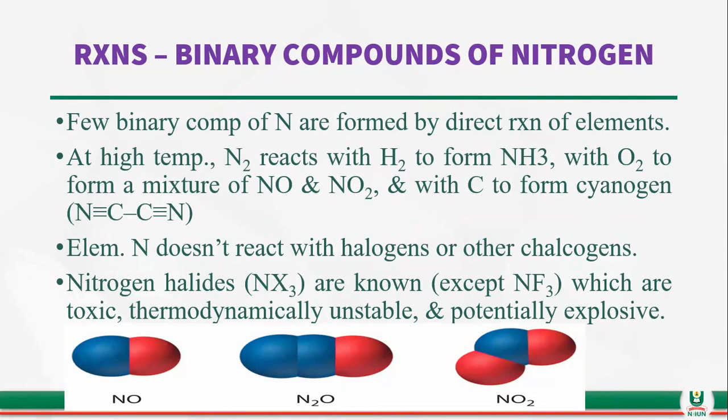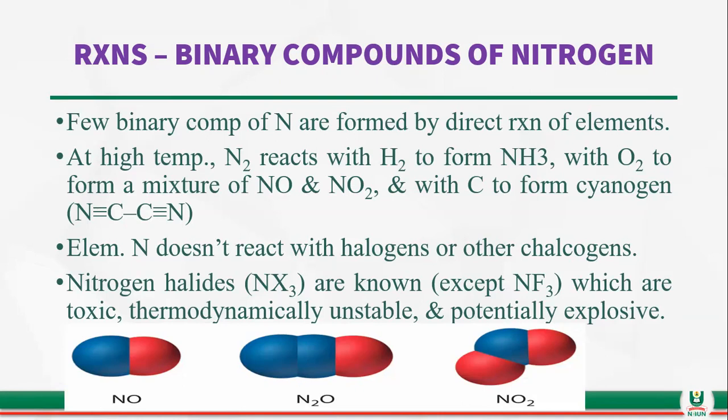However, if it is reacting with oxygen, it can form three different kinds of binary compounds: NO, NO2, and N2O. Why do we call them binary compounds? Because each of these is made up of just nitrogen and oxygen, the number of those atoms notwithstanding. You can't say NO2 is not binary because there are two oxygens and one nitrogen.